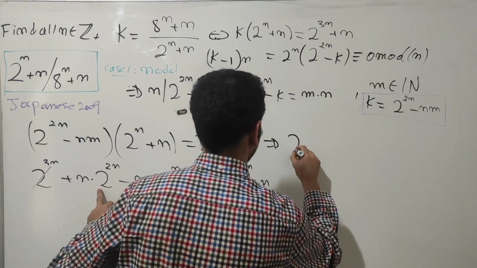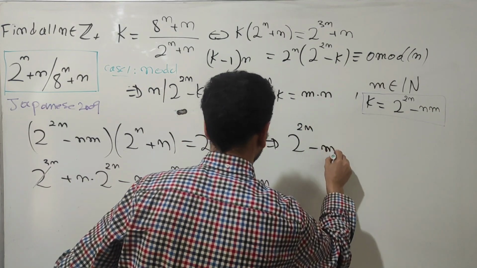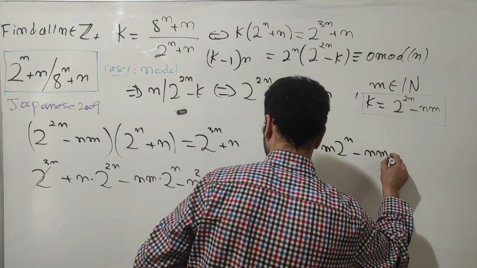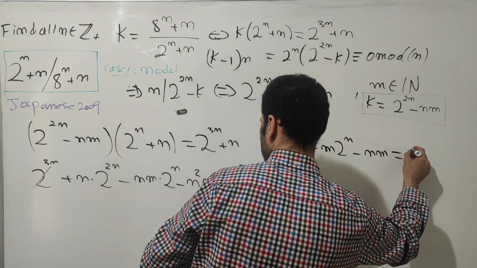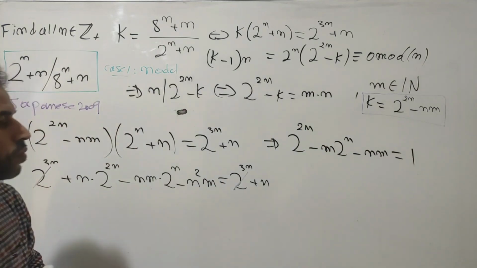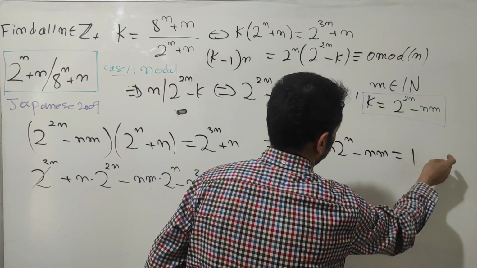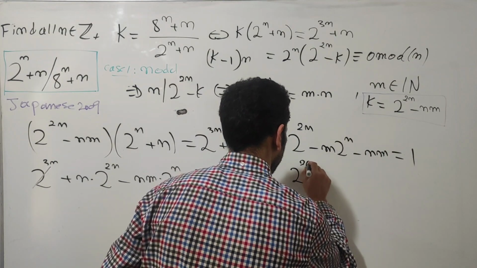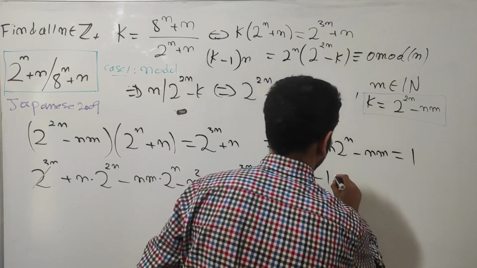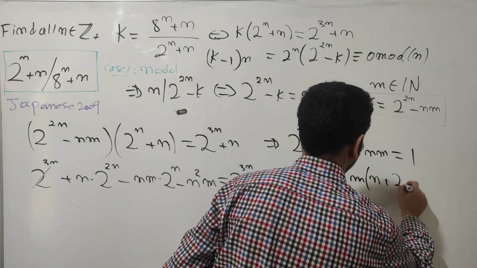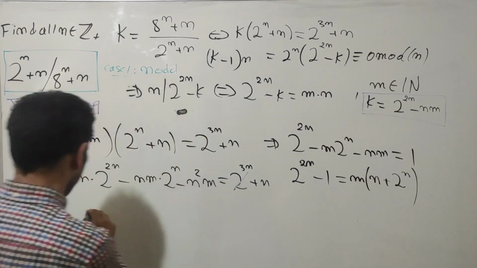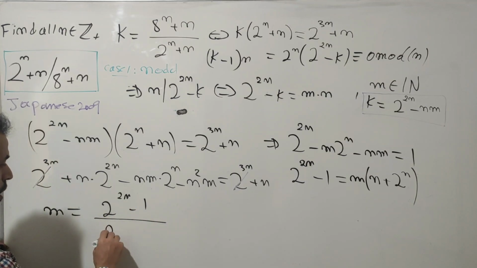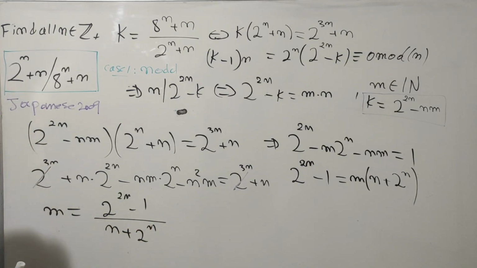I get 2 to the 2n minus m multiplied by 2 to the n minus nm, which equals number 1, okay? I'm going to move these two terms to the right and move number 1 to the left and take m as a common factor. So I will get 2 to the 2n minus number 1, which equals m factor n plus 2 to the n, okay? So I will get m equals 2 to the 2n minus number 1 all over n plus 2 to the n, okay? It's simpler.